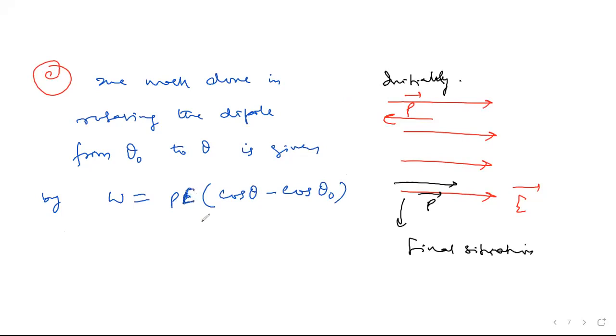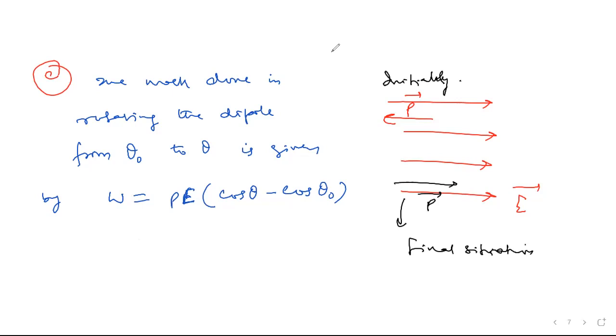So if the initial angle between P and E is theta naught and the final angle between P and E is theta, then the work done by the electric field in turning the dipole from theta naught to theta configuration is given by PE cos theta minus cos theta naught.